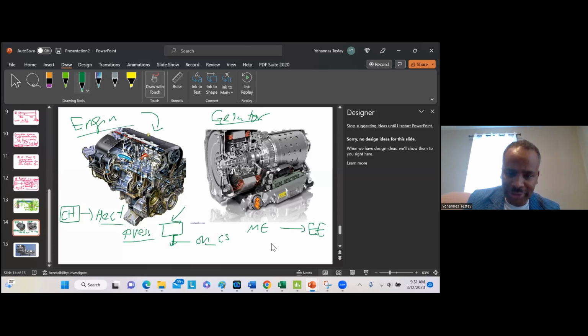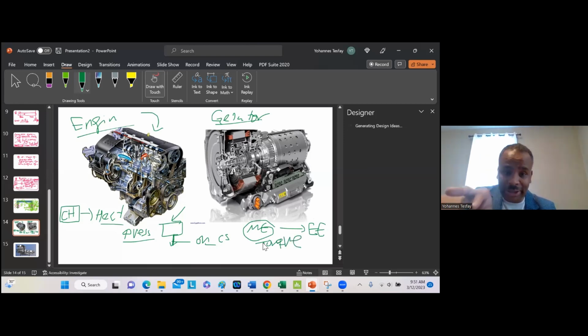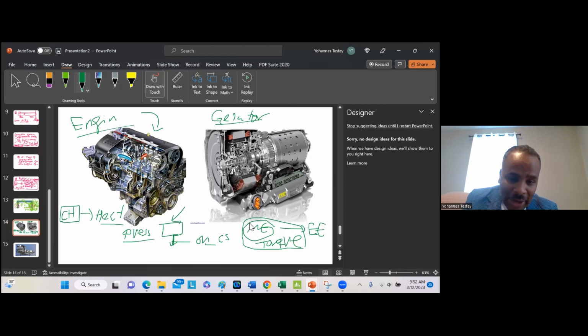Torque, rotation. That rotation creates the mechanical energy. So where does this torque come from? This torque comes from the crankshaft of the car. So it just rotates as you see, okay?